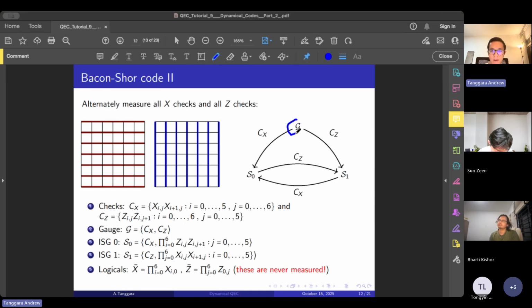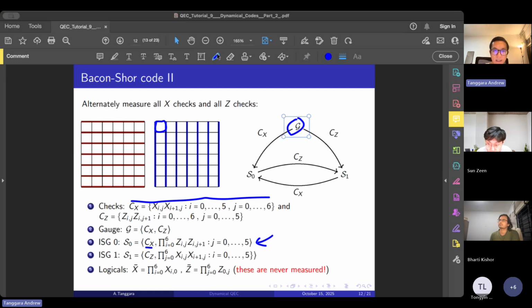If I start from this gauge group, then I measure all the X checks, I'm going to end up in this instantaneous stabilizer group. Basically what this means is that I have all these X checks, so all these red edges in my stabilizer group. But then, if we use our stabilizer update rule, you have to take the product between two Z checks.